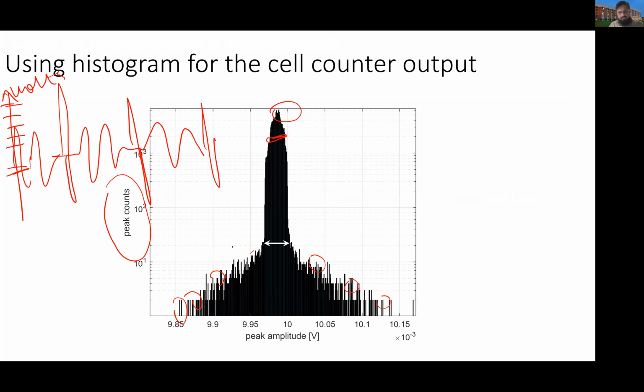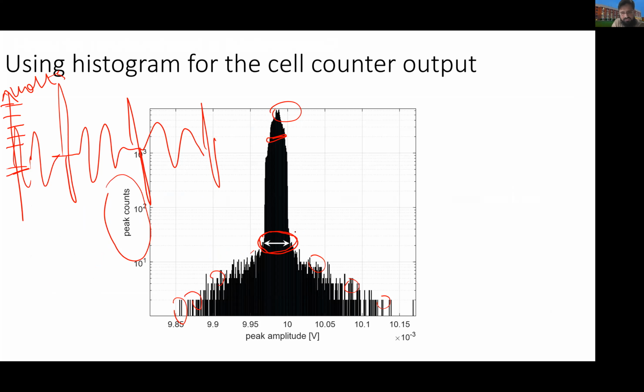In the handout, you will use the MATLAB histogram command to plot this histogram, then look at this peak and its width, and calculate this width.